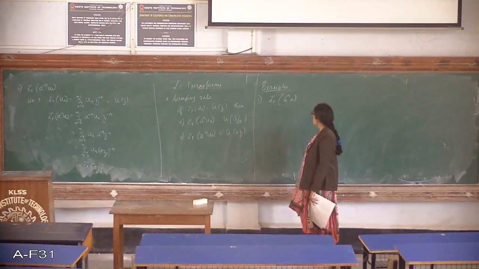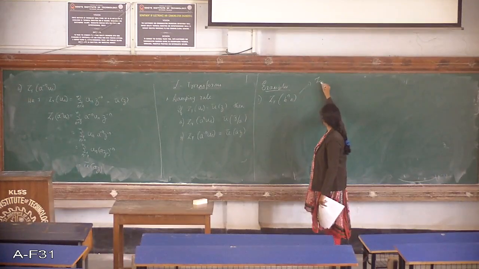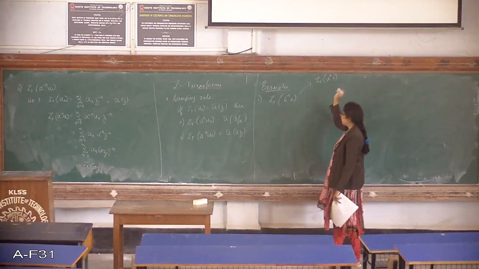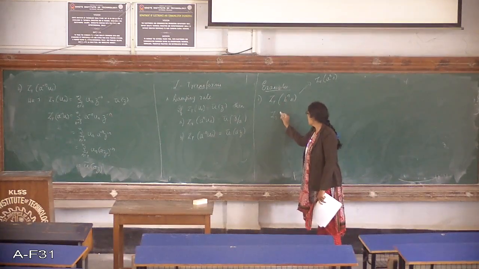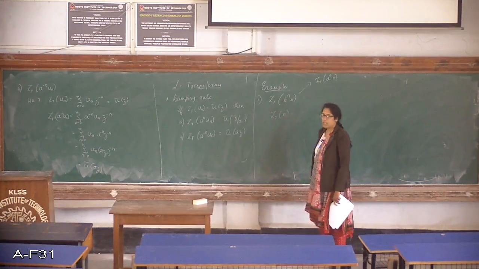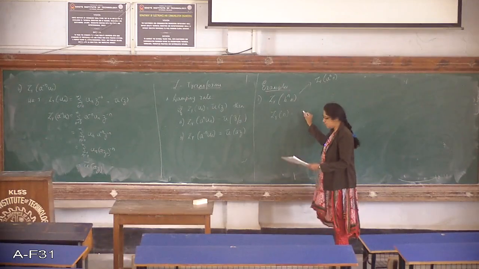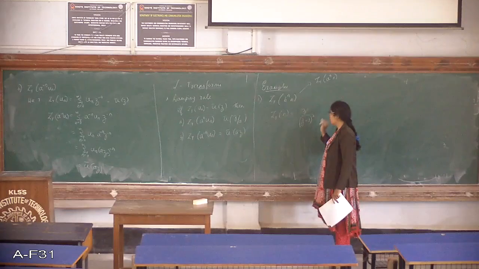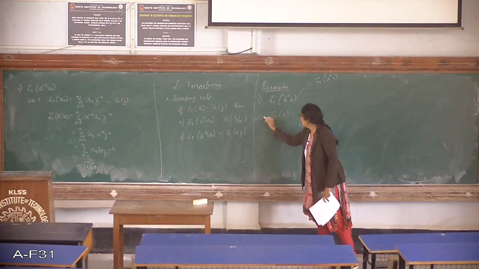Basically, this is something of the form z transform of a raised to n into n. What we do, we will have the z transform of n. Just now we have talked about the z transform of n, and the z transform of n is given by z by z minus 1 the whole square. Now this is what we have dealt already.